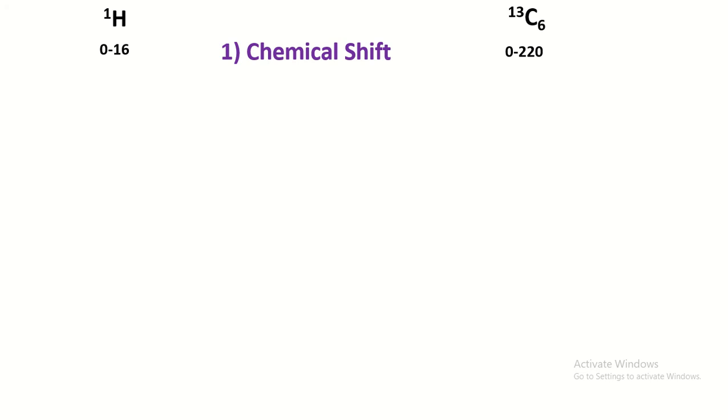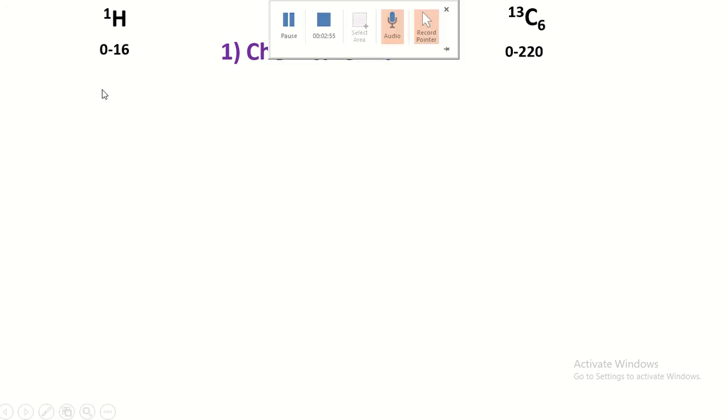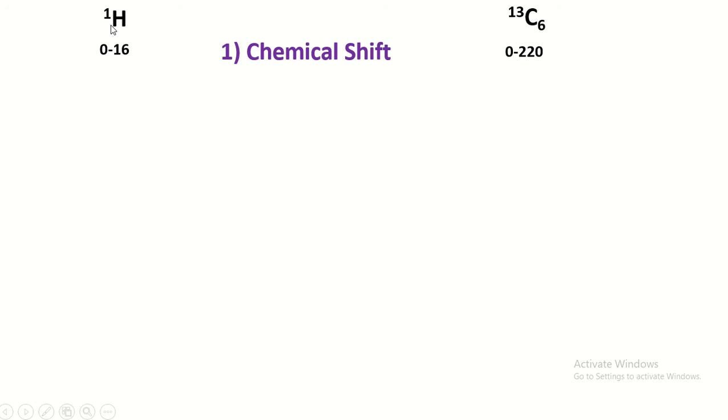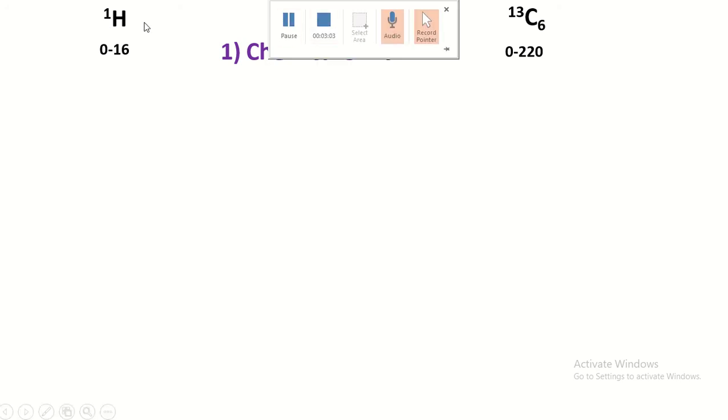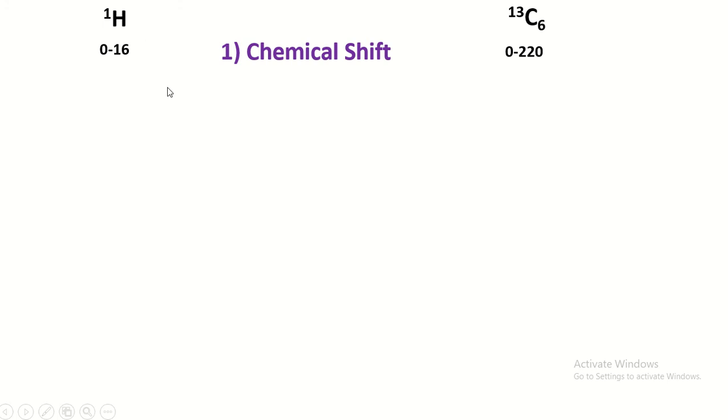Therefore, 4 times more effects are created in carbon-13 as compared to H-1 NMR. Hence, more variation is observed in carbon-13 NMR as compared to H-1 due to sp, sp2, sp3 hybridization. Hence, the range of the chemical shift of the carbon-13 nucleus is more than that of H-1 NMR.